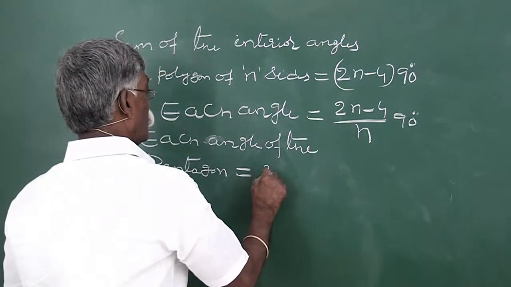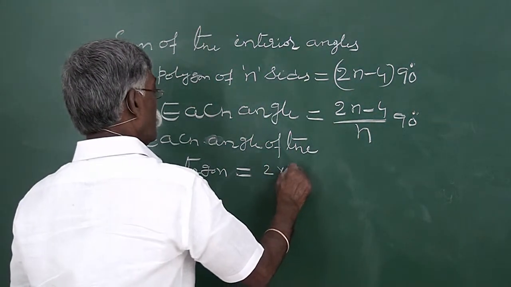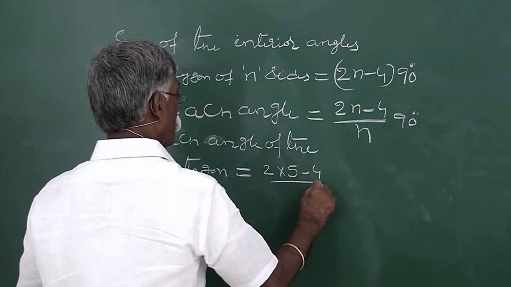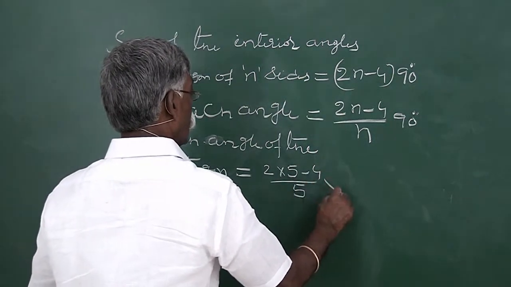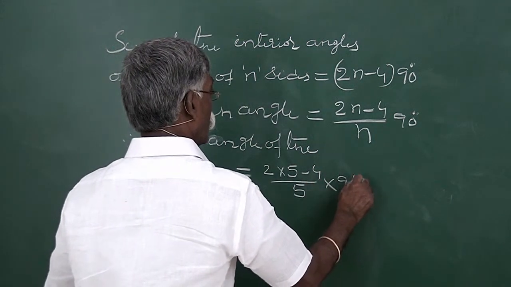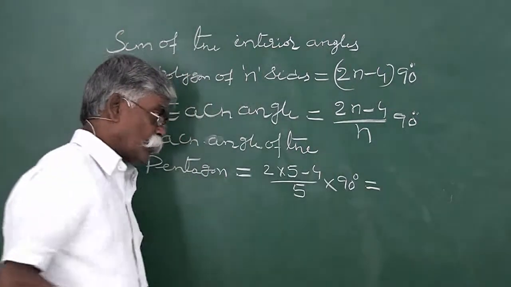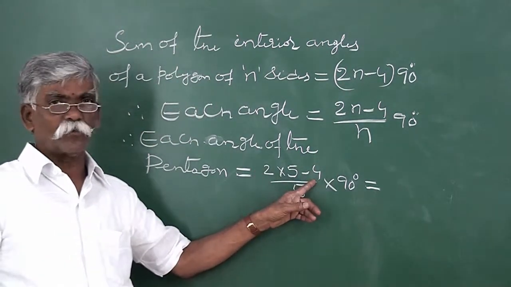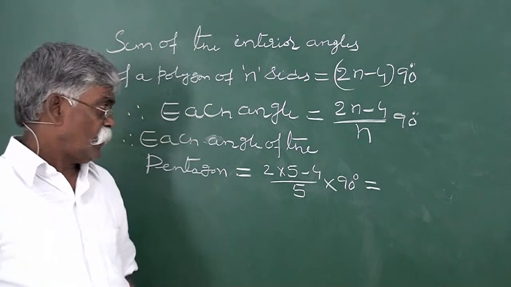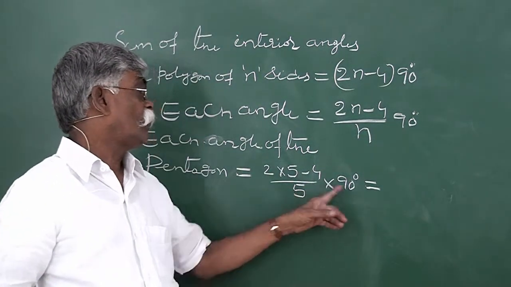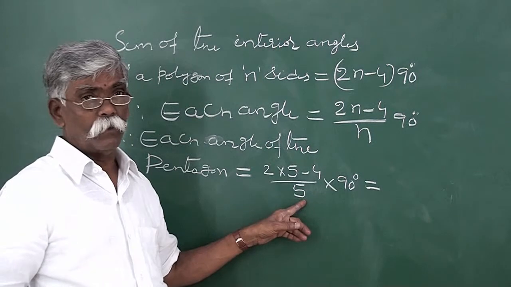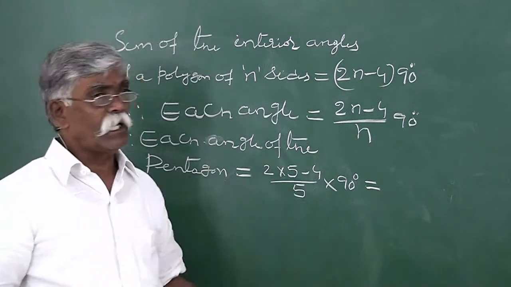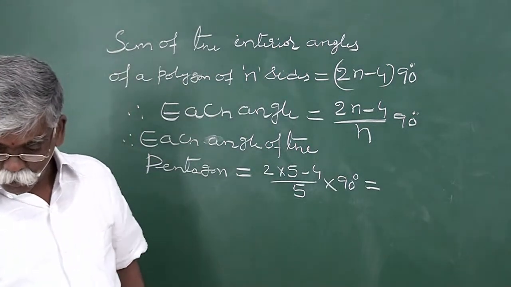Therefore this is 2 into 5 minus 4 by 5 into 90 degrees. So 2 into 5 is 10, 10 minus 4 is 6, and 90 by 5 is 18. 18 into 6 is equal to 108.